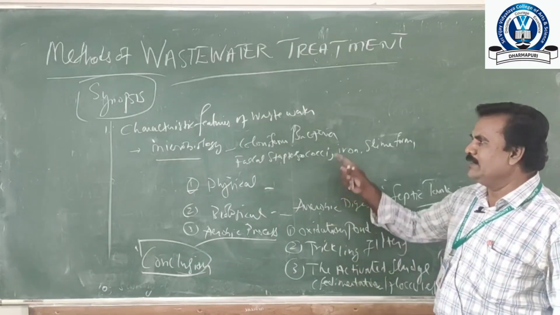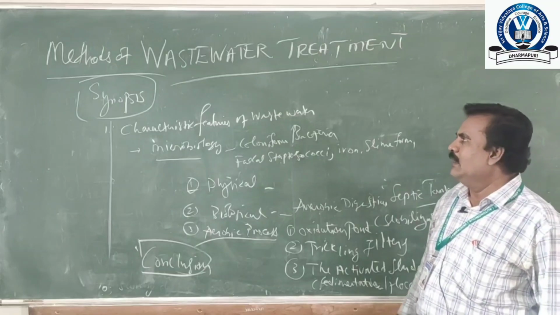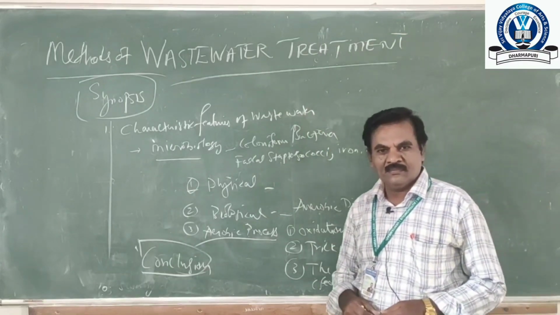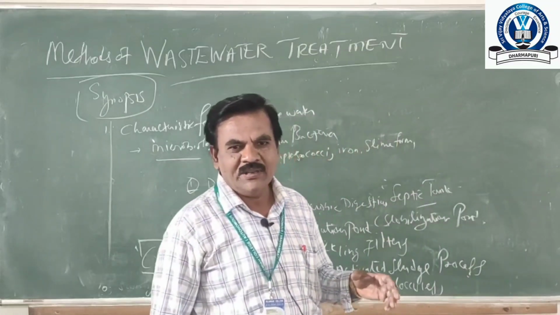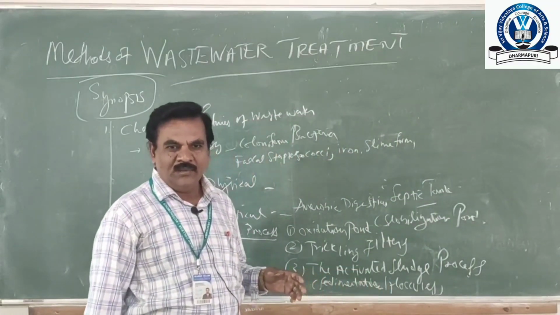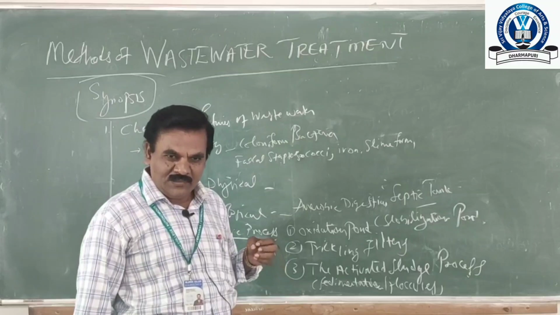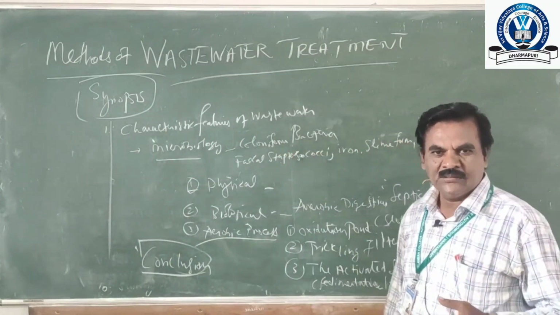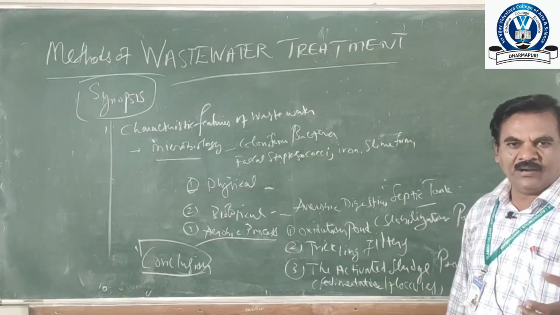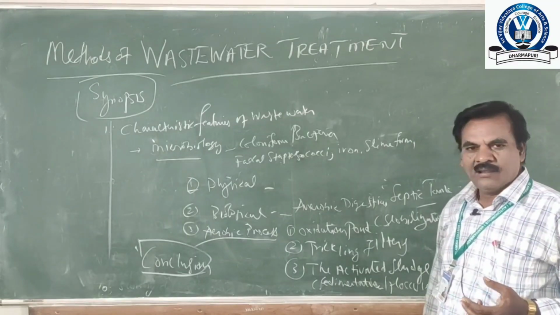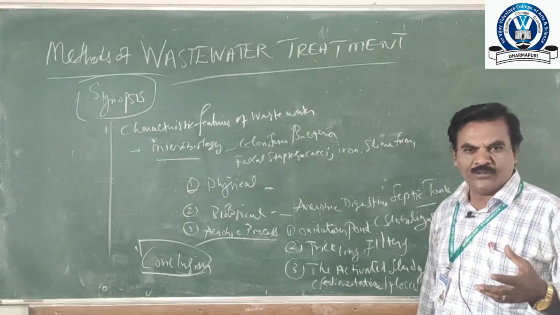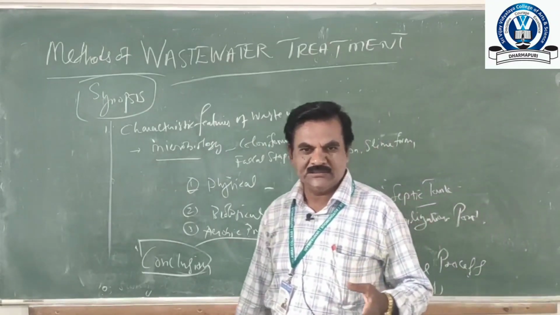Today, I am going to explain some simple methods of wastewater treatment. Wastewater treatment is very important because industrial effluents contain many contaminants, many inorganic and organic chemicals, and sewage sludges, which affect the biota, plants and animals.